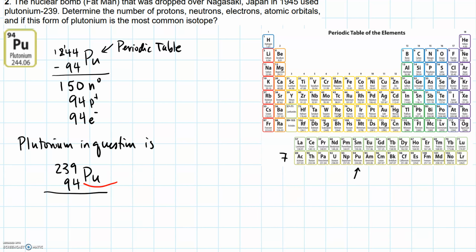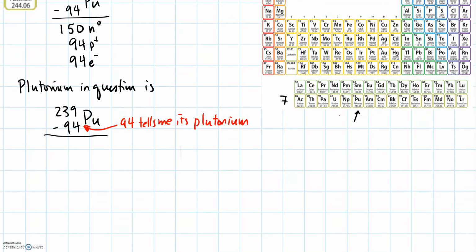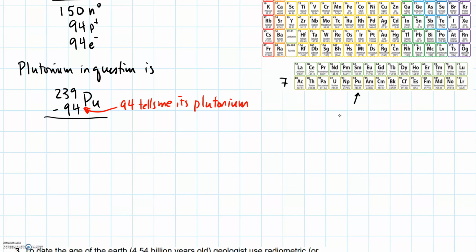Note, 94 tells me it's plutonium. So now if I calculate the details here, I have 5, then I borrow 1, and that's going to be 145 neutrons.